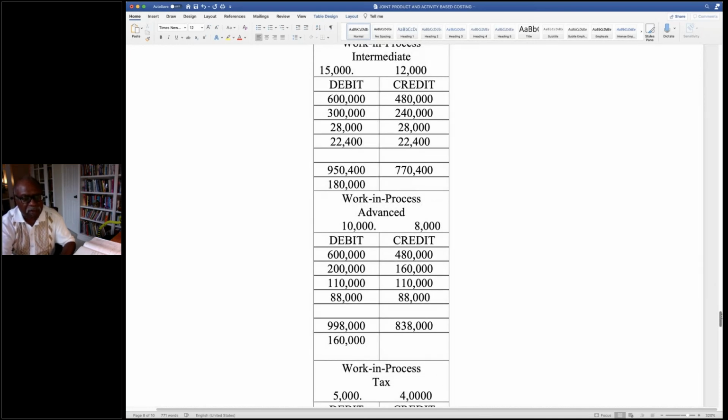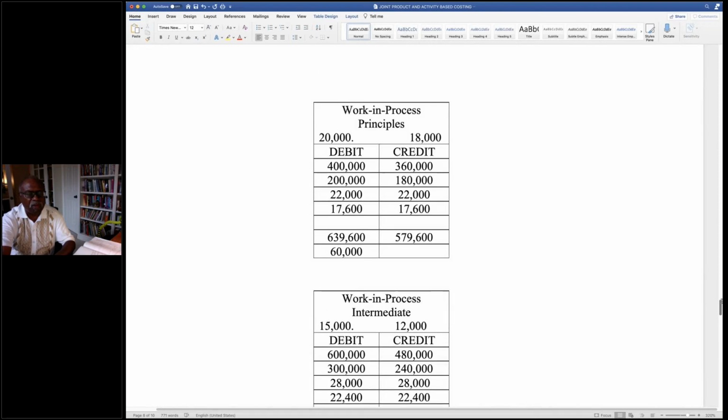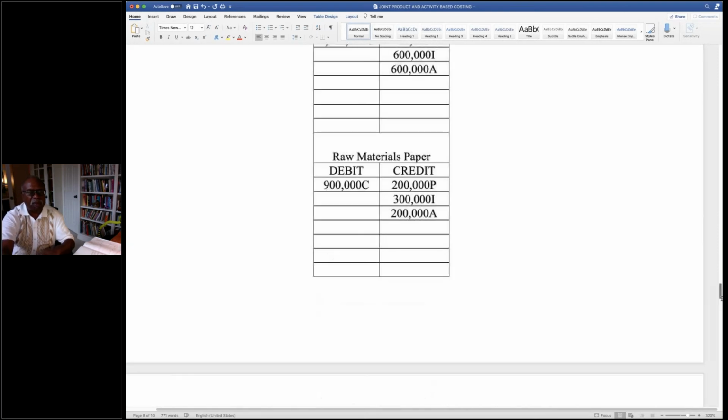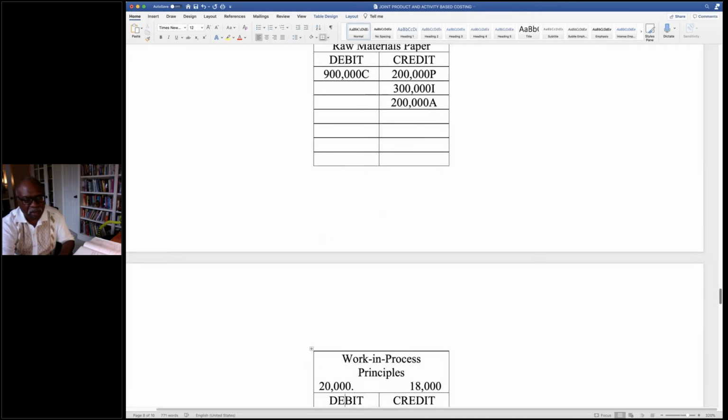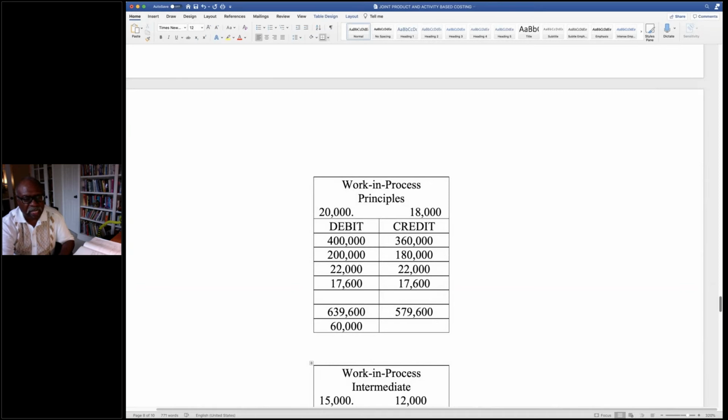114 for principals. Now go back to principal's T account again. Work in process. So you had 639,600 were your debits.